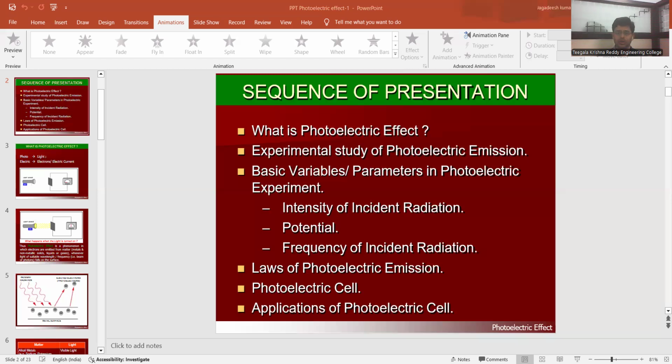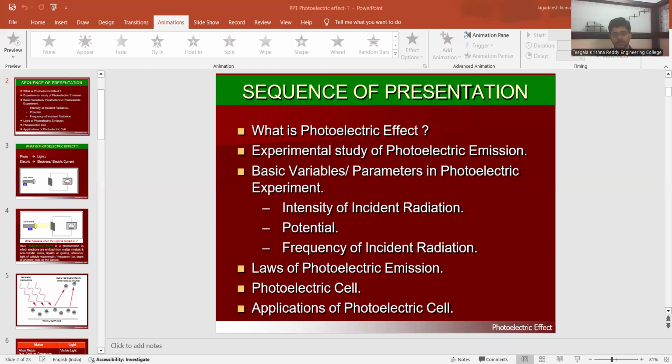Now, what is the topic? The photoelectric effect. The photoelectric effect was introduced based on electromagnetic radiation, with ultraviolet radiation falling on a zinc plate. Later it was experimentally verified that photoelectric emission occurs when light of suitable frequency falls on alkali metals. Millikan got the Nobel Prize for work on the photoelectric effect in 1923.